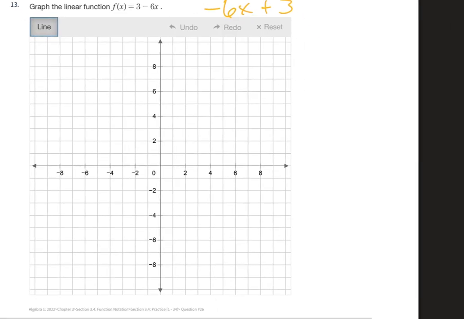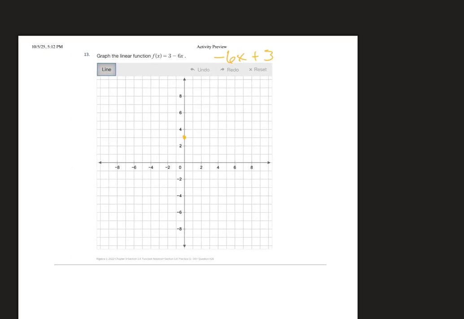And again, there's my y-intercept of +3. My slope is -6. Rise -6, run, hang on, so then I'd run 1 like that. So hang on, let me erase that dot. Go down 6, go over 1.